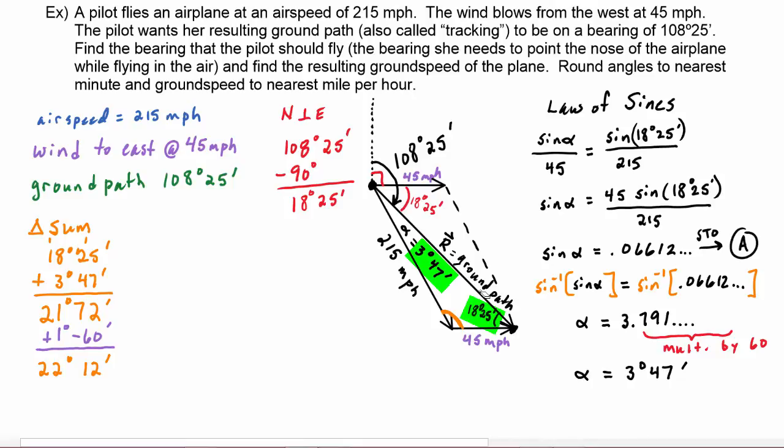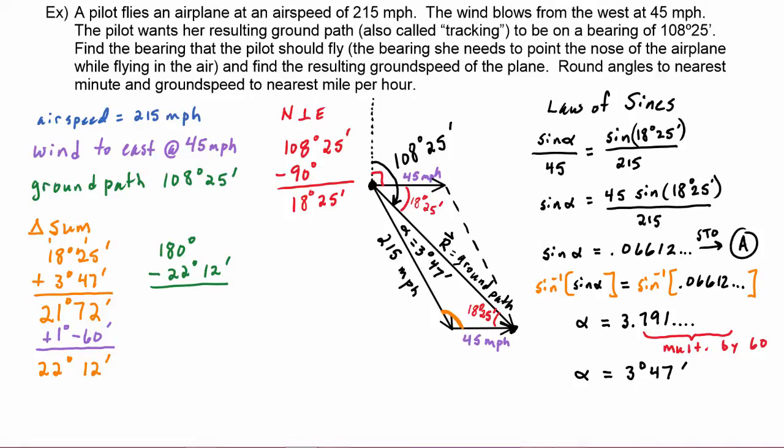And we know that to use the triangle sum theorem here, we're going to subtract that from 180. So now we're going to do 180 degrees minus 22 degrees 12 minutes, because that's the sum of the other two angles in the triangle.